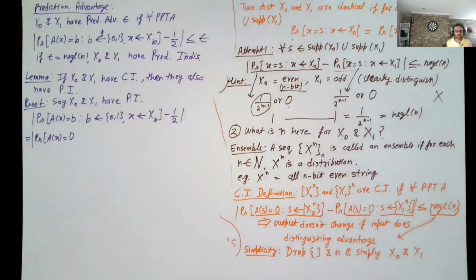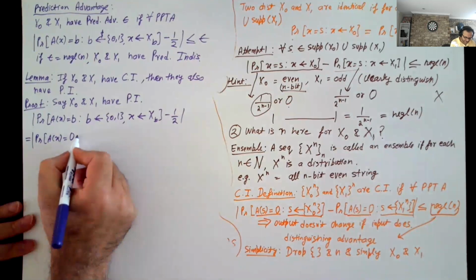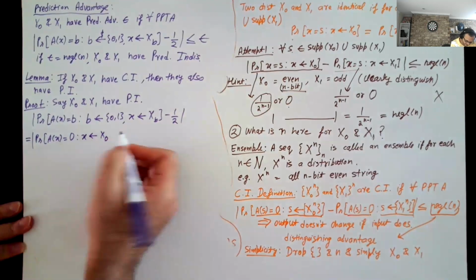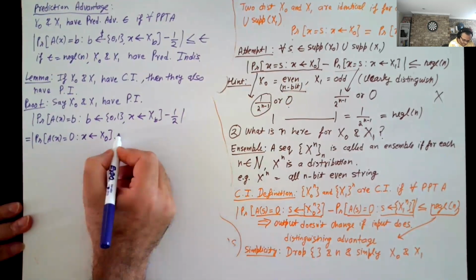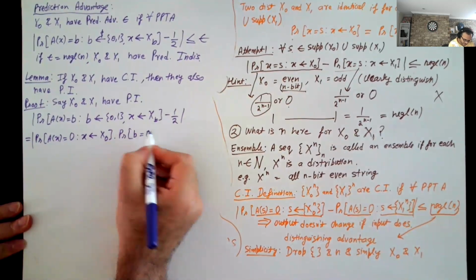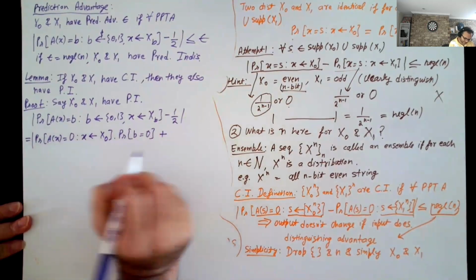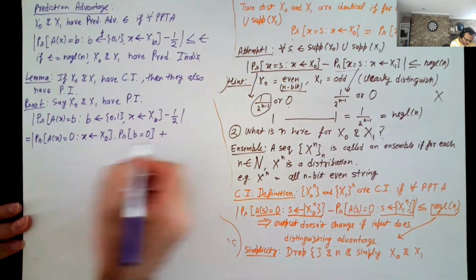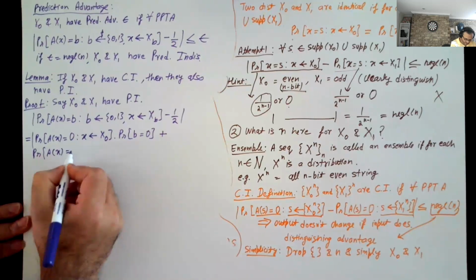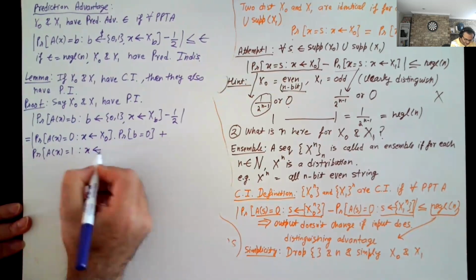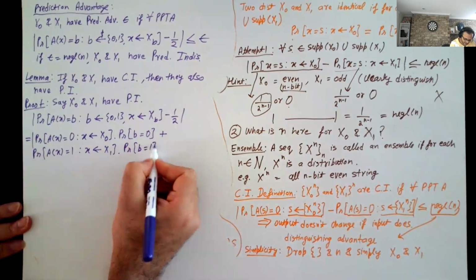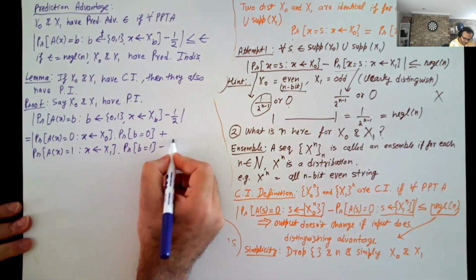Case one where b equals 0, and the other case is when b equals 1. Into the probability that A(X) equals 0 and the sample is chosen from x0, times the probability that b equals 0, plus A(X) equals 1, and the sample is chosen from x1 now, times the probability that b equals 1, right, minus half.